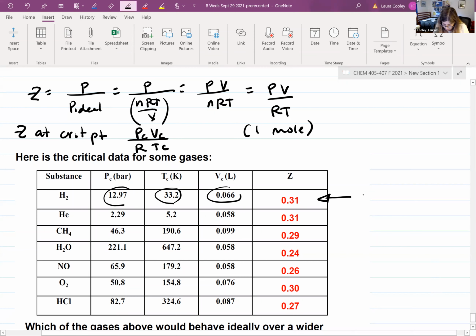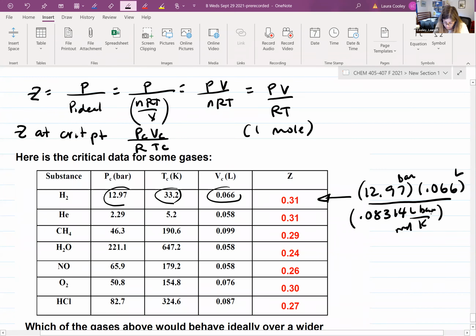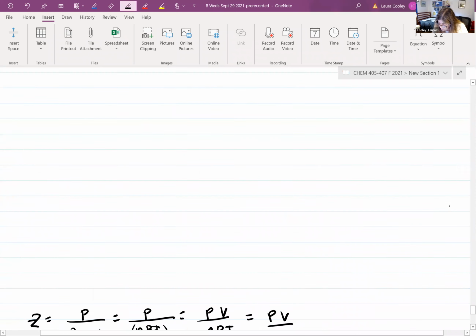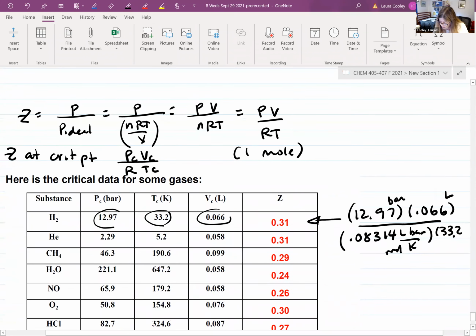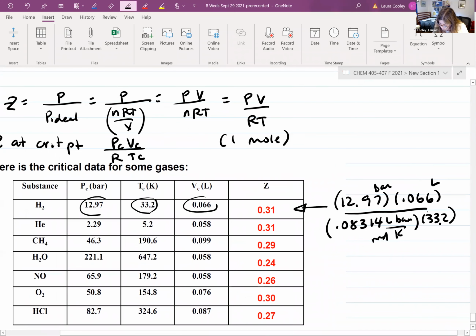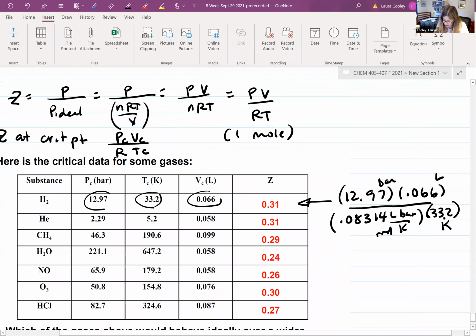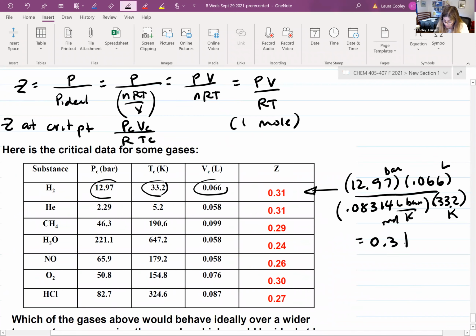I'm not going to do it, but it's 12.97 times 0.066 over 0.08314, because this is liter bar per mole Kelvin, and the TC would be 33.2. Okay, and that comes out to 0.31.